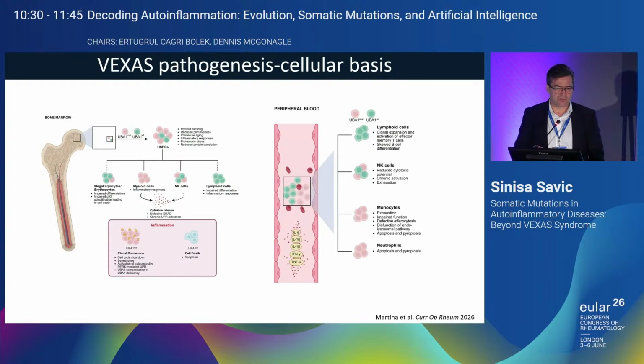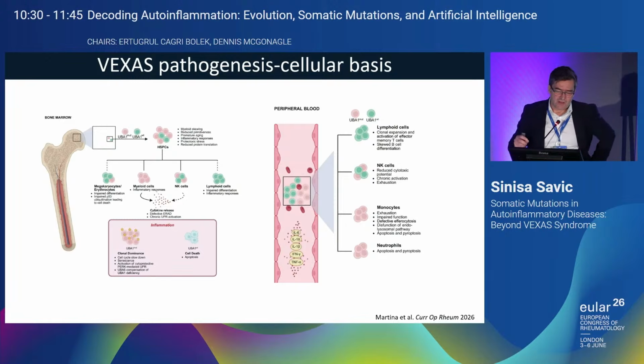But in this situation, because they're occurring on a somatic level and only affecting some cells, there seems to be some potential survival advantage to these cells within the bone marrow. What seems to happen is that the cells that carry the mutation create an inflammatory niche within the bone marrow, which seems to protect these cells, but the wild-type progenitors are then subsequently replaced over time.